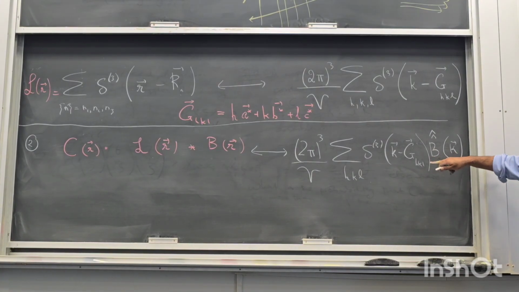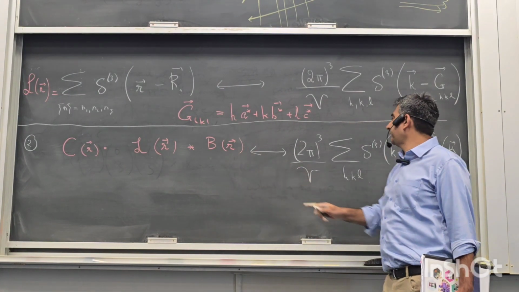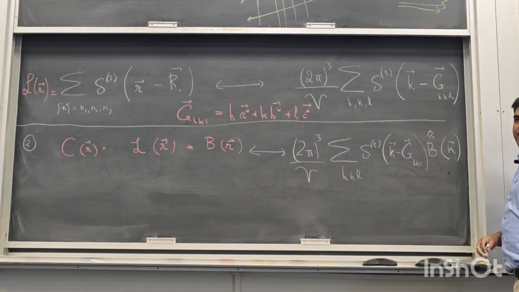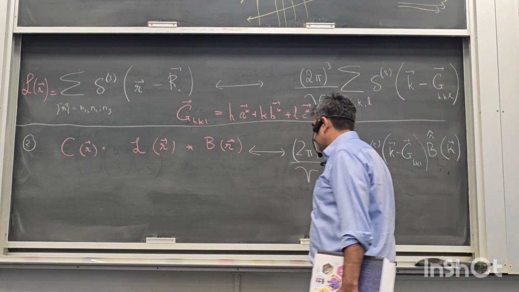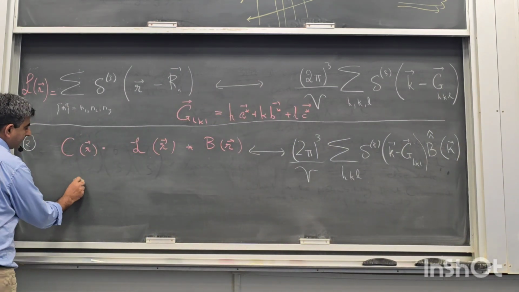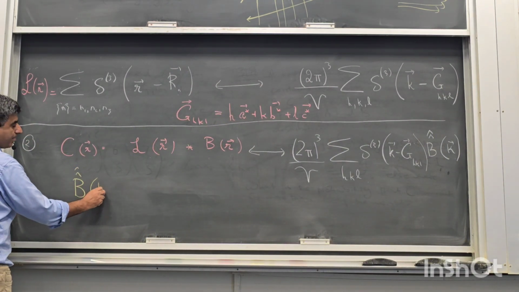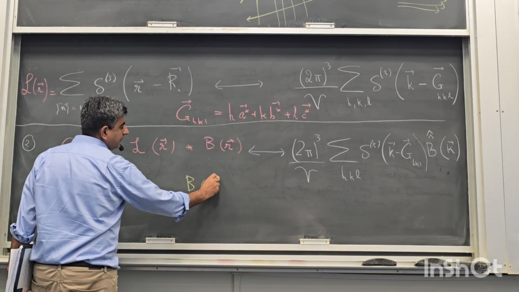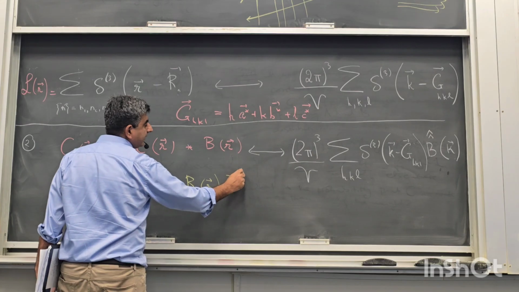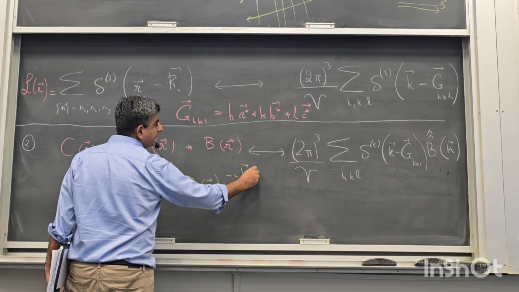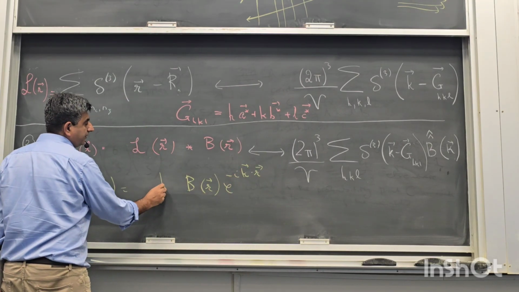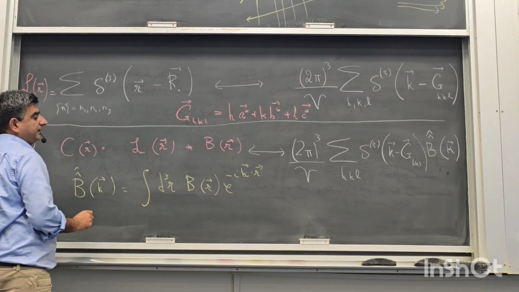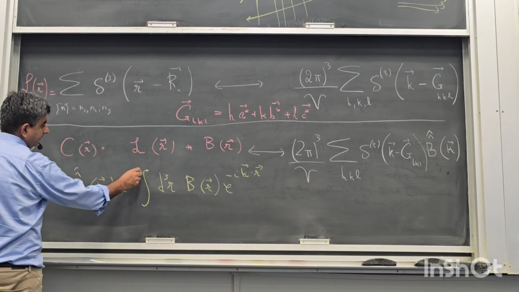Take the Fourier transform of this. This is the Fourier transform of this. This is the Fourier transform of that, which is nothing but saying that B of K is B of R e to the minus i K dotted with R over all of space, a three-dimensional integral.